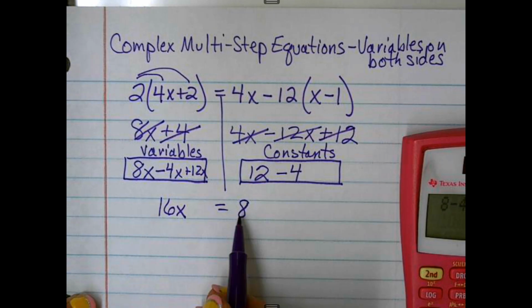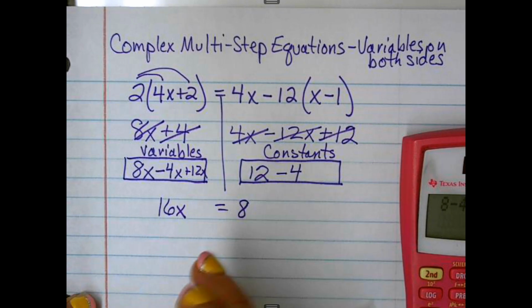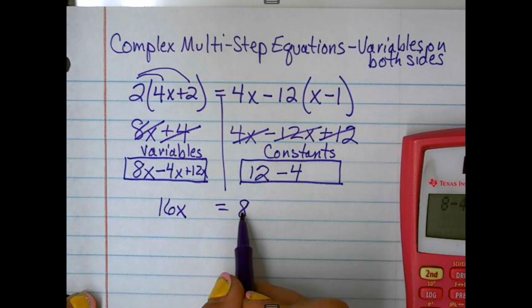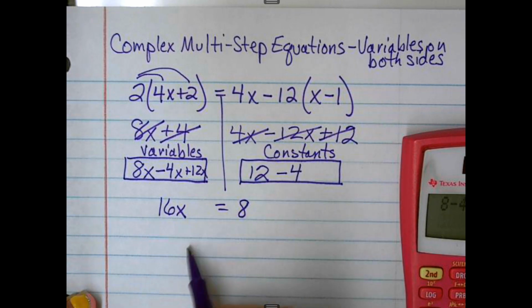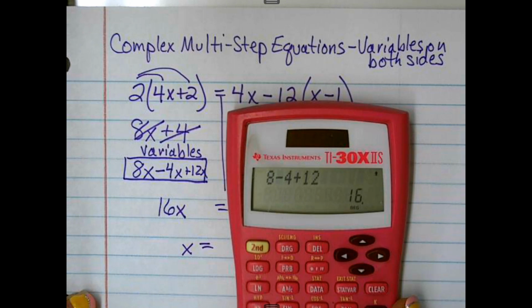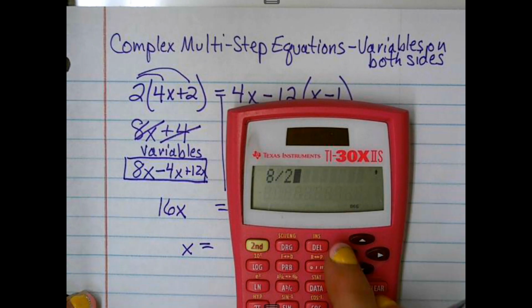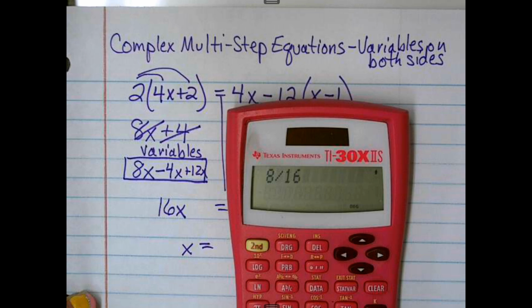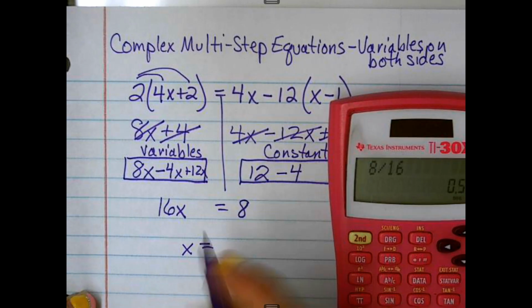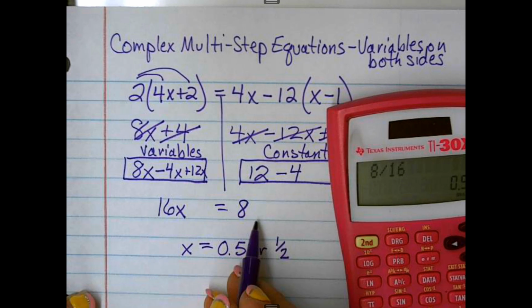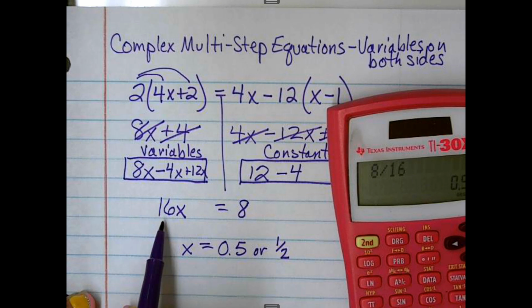But you got to realize the answer here isn't 2. We're taking 8 divided by 16. And 8 divided by 16 is 0.5 or 1/2. Okay, so be real careful with that. If that coefficient's bigger than the constant, you're going to get a decimal.